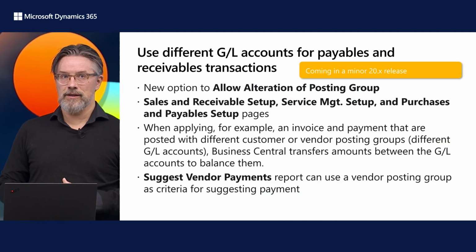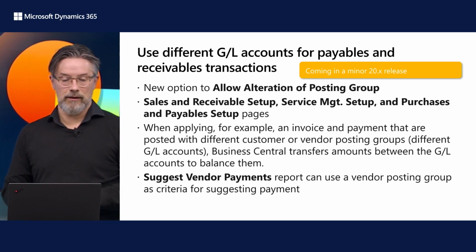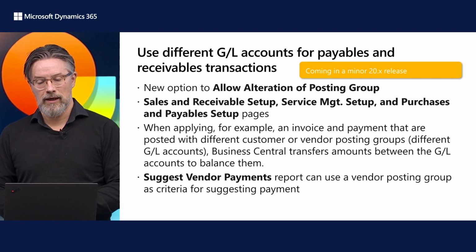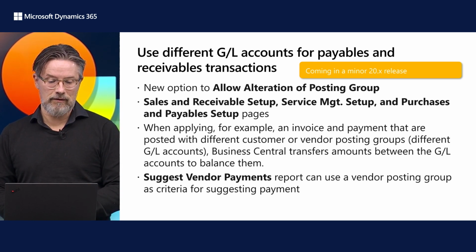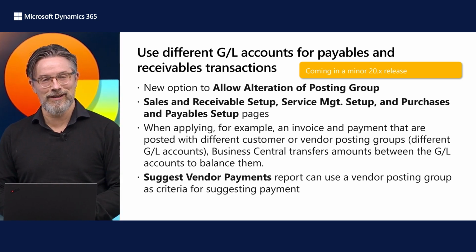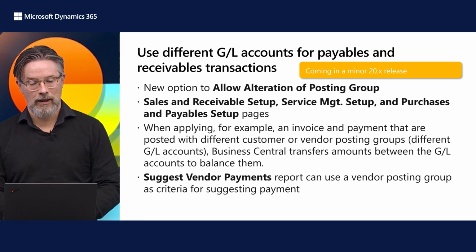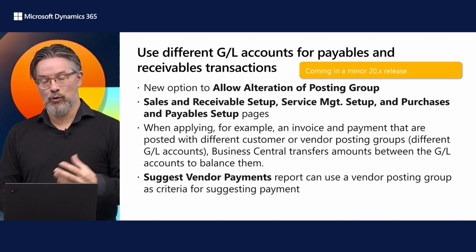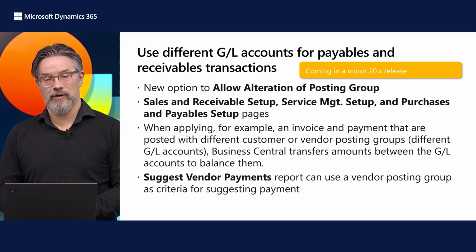Then there are a few things that are not released here or at the beginning of April. They will come in either the first or the second release, or at least in one of the minor releases in this wave. One of them is the ability to use different posting groups for payables and receivables.